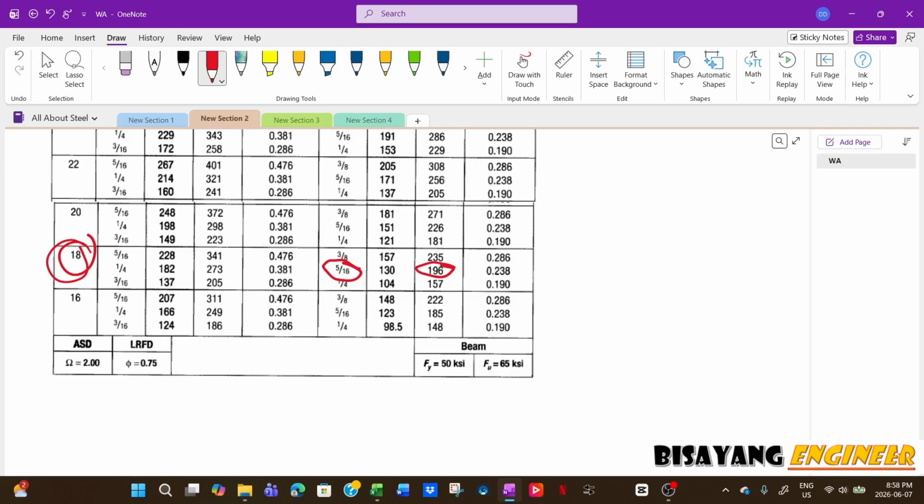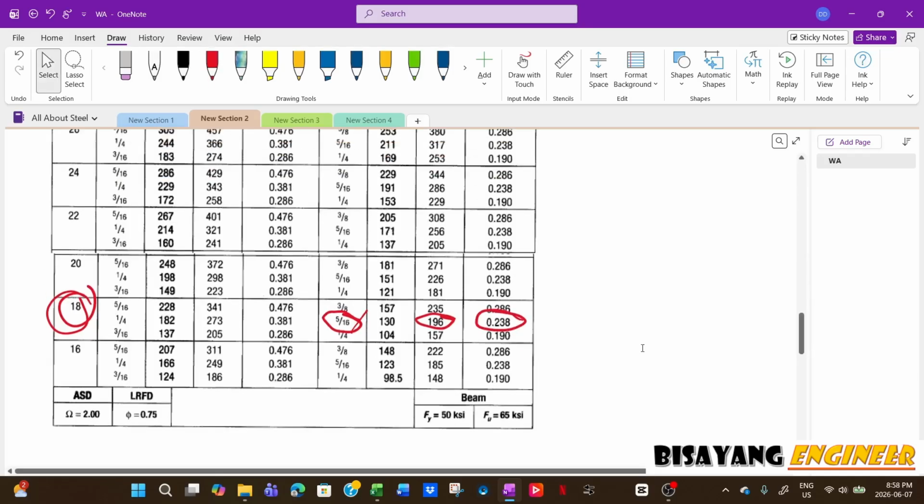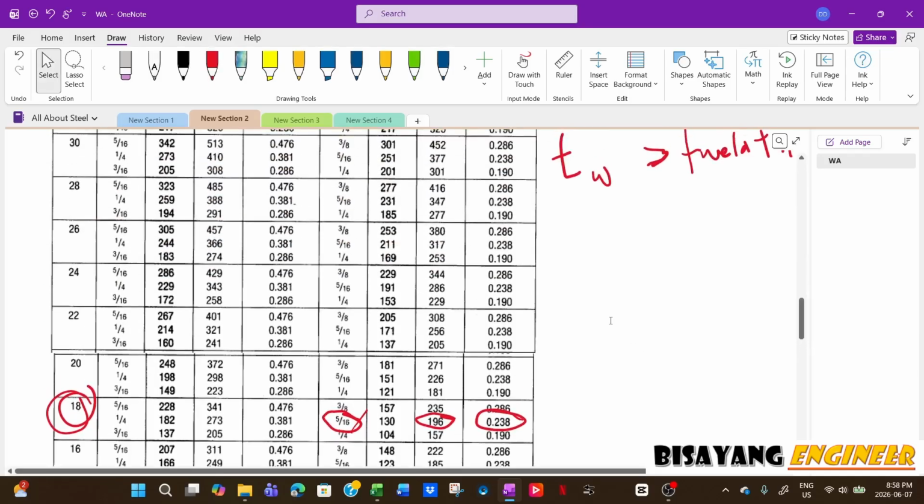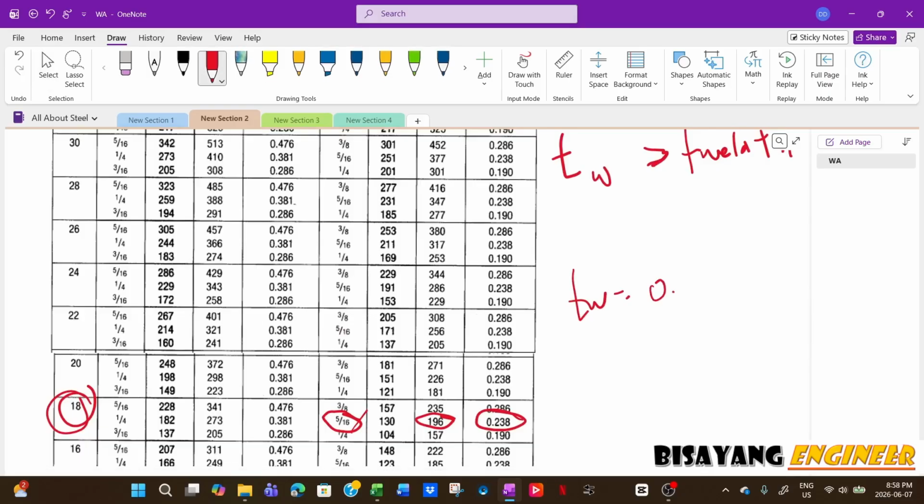Other than meeting the weld requirements, you also need to make sure that the minimum web thickness is thinner than the actual web. Our web thickness is 0.515. So that is greater than 0.238, which is the minimum. And that is okay.